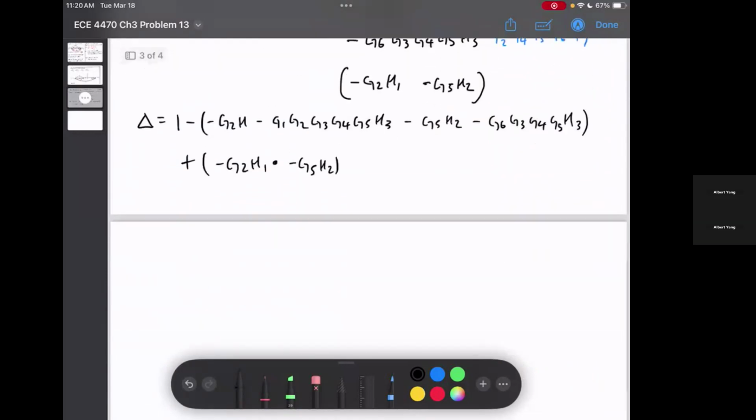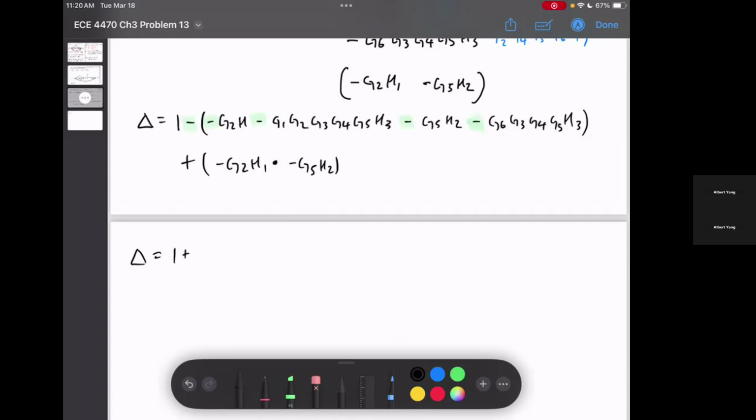Then if we simplify this, we would have the determinant is equal to 1, and then notice that all of these individual loops have a negative sign in front.